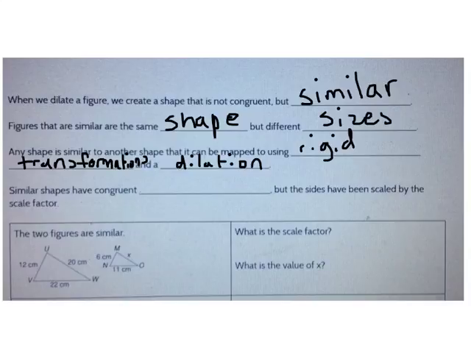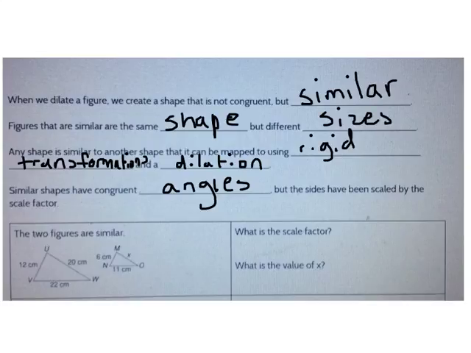Similar shapes have congruent angles and proportional sides. The sides have been scaled by the scale factor. Today we're going to find missing sides and angles in similar shapes using that knowledge.